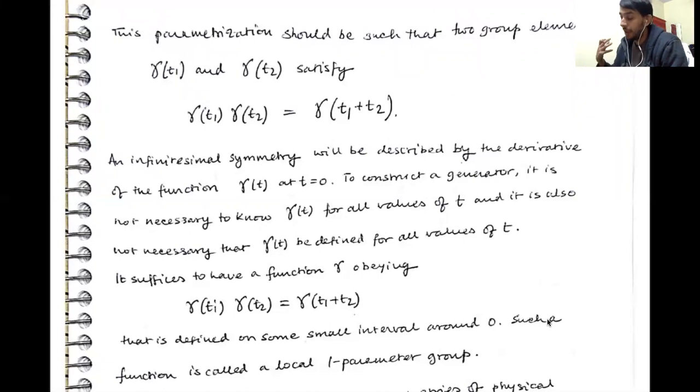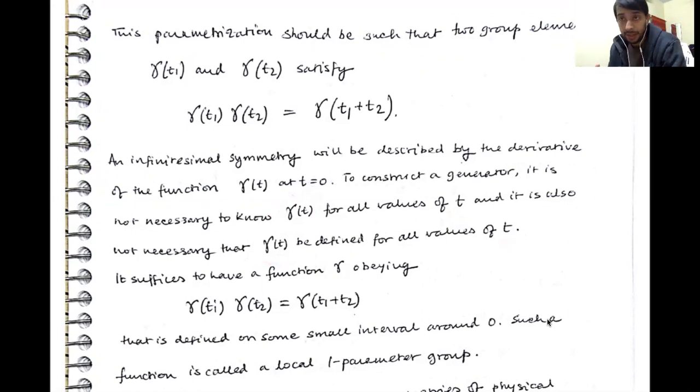So when you want to know these generators, it's not necessary at all to actually know gamma t for all the values of t. It's also not necessary that gamma t be defined for all values of t.